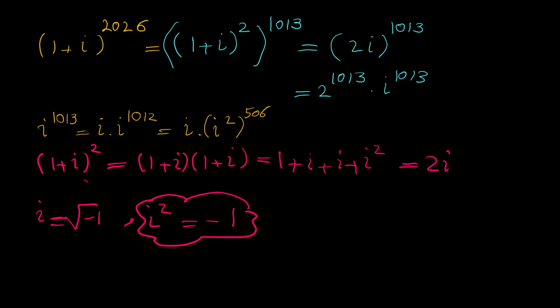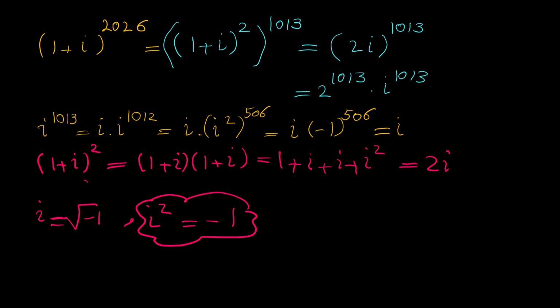i to the 2 is negative 1. So this equals i times negative 1 to the power of 506. Negative 1 to the power of 506, because the power is even, is equal to 1. The negative cancels. 1 times i equals i.